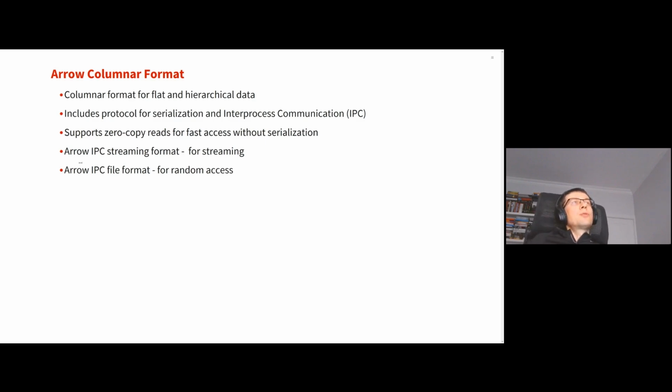It comes with two types: one designed for streaming, which we call the Arrow IPC streaming format, and for random access, the Arrow IPC file format. In a sense, they are both files on your file system, but the storage is optimized either for streaming or for random access.